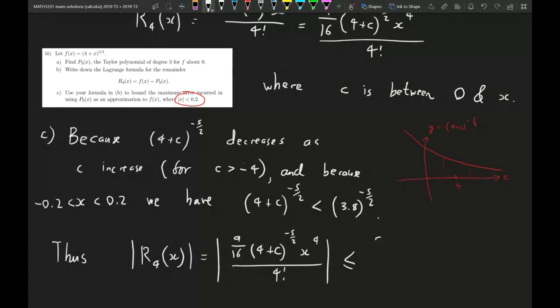Well, the biggest 9/16 can be is 9/16 because it's constant. The biggest this second term can be is 3.8 to the power of -5/2.